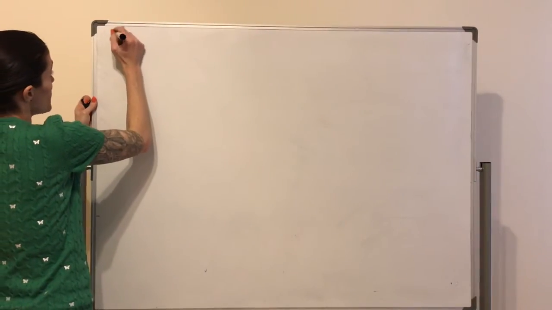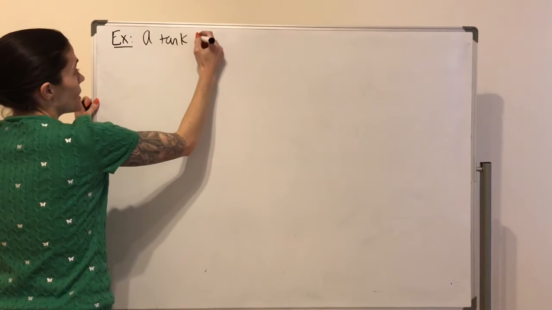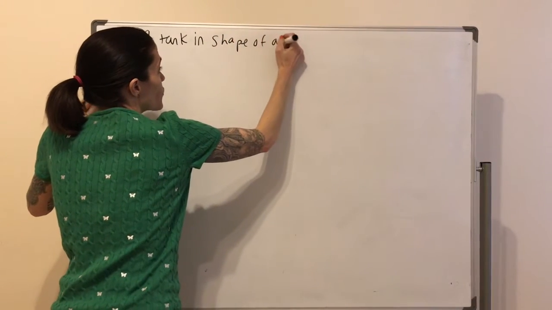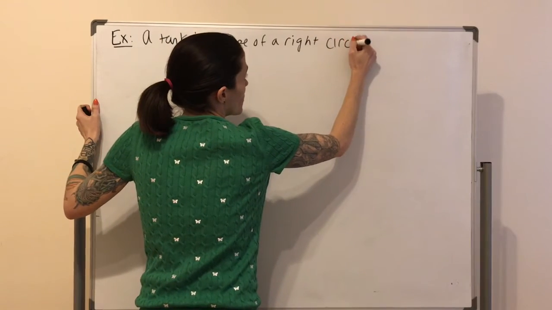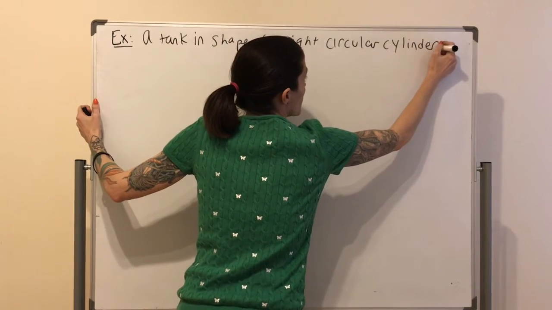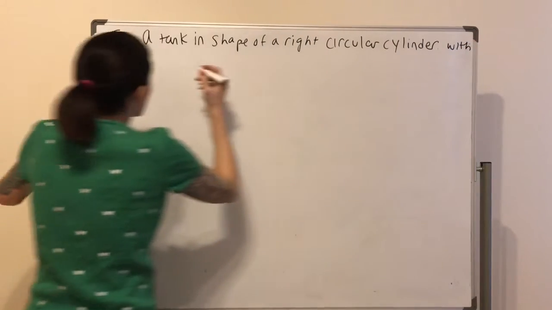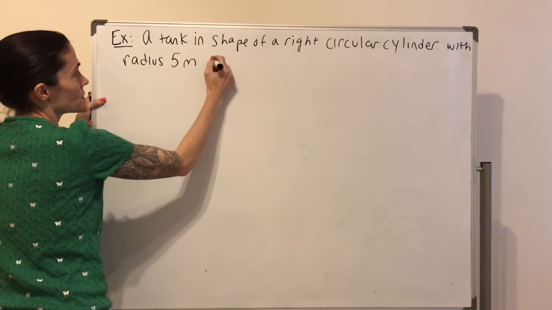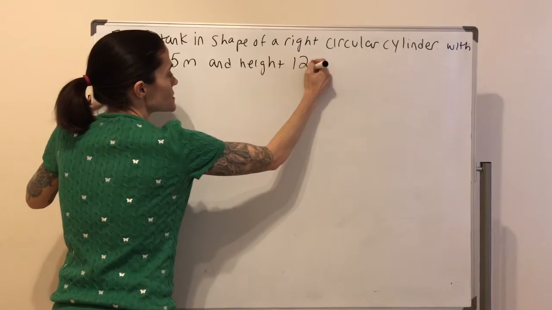Okay, so example, let's suppose we have a tank in the shape of a right cylinder. I'll say circular cylinder. Okay, with radius 5 meters and height 12 meters.